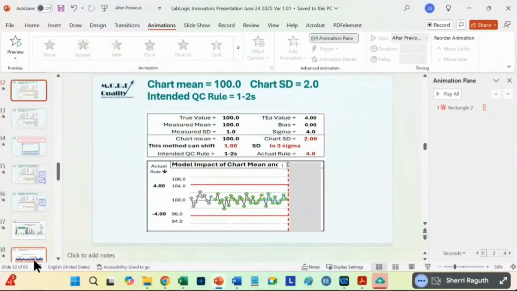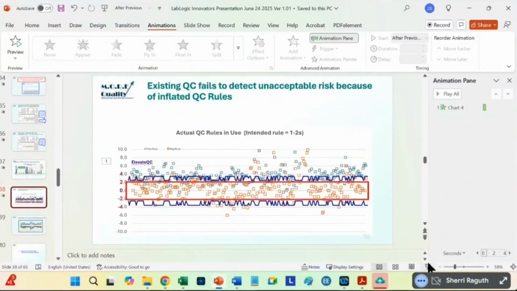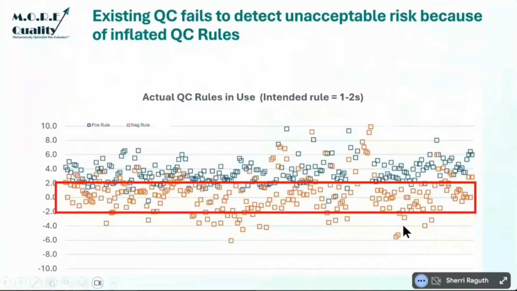I'm going to get out of order here again, and I'm going to show you this. These are the actual rules these people are using. These are 4 lab instruments. They think they're using a 1/2S rule. The blue dots are their positive rules, the orange dots are their negative rules. They very seldom are really using a 1/2S rule, and they often assign their means incorrectly.